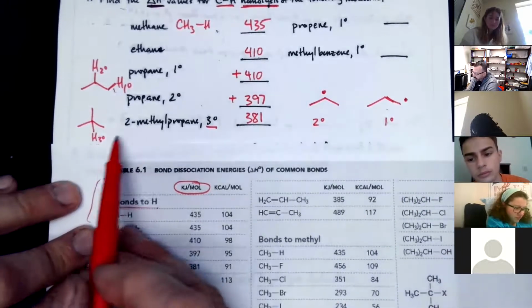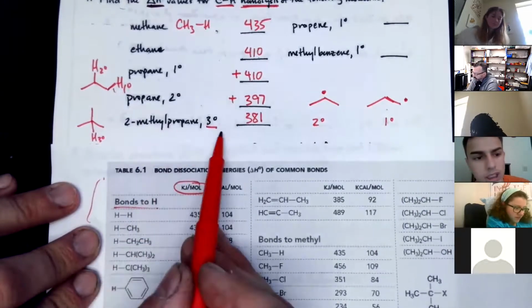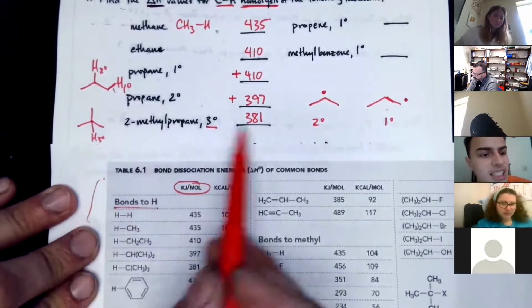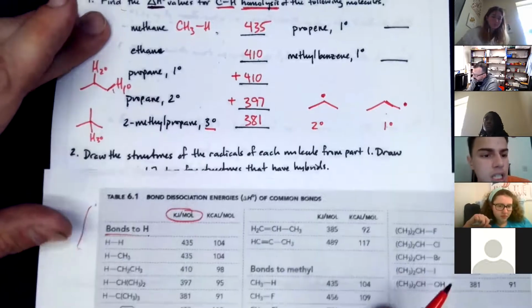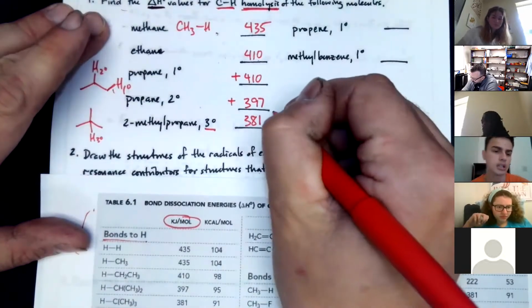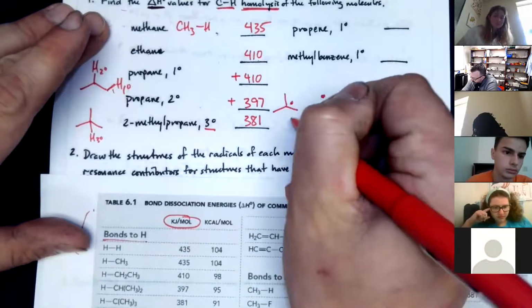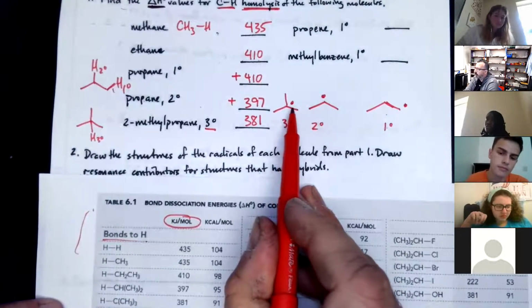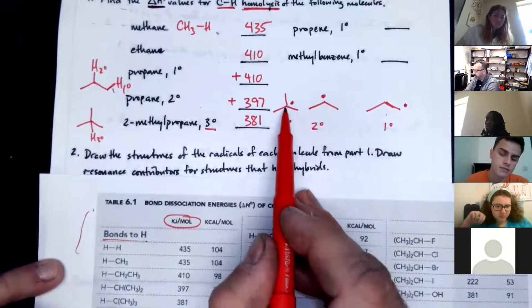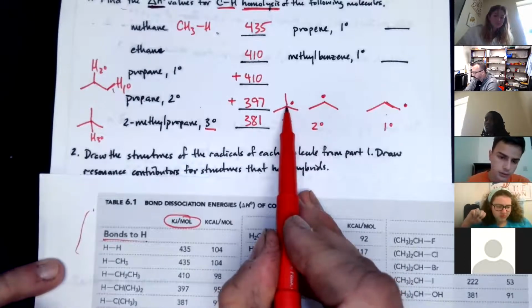So now look here, 2-methyl propane. This was tertiary, right? This one's even lower. If you cleave that, you form a tertiary radical. And again, you classify radicals by counting the number of carbon groups.